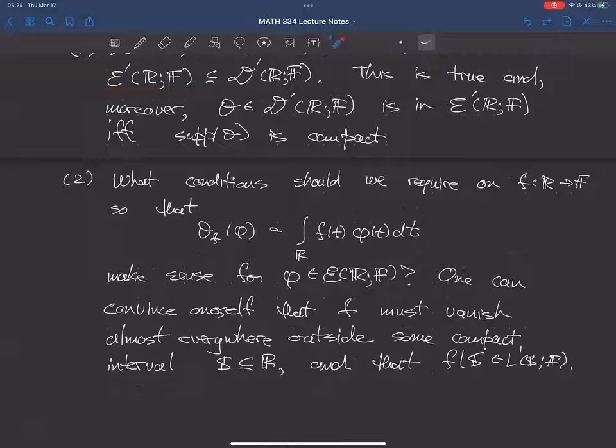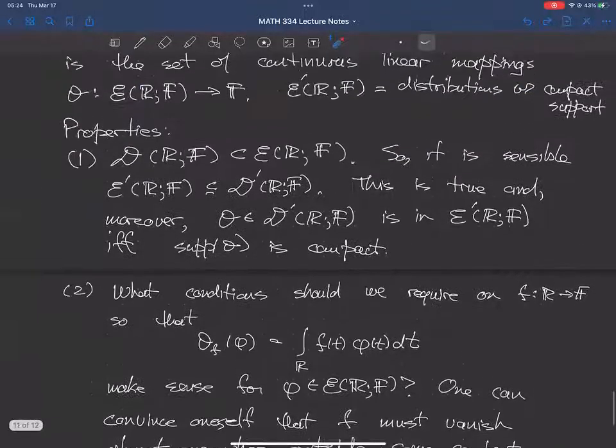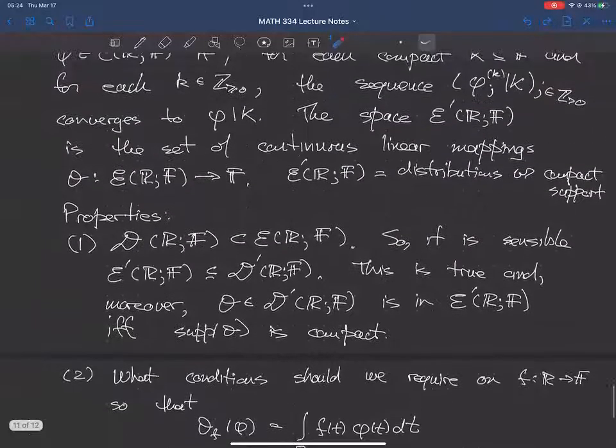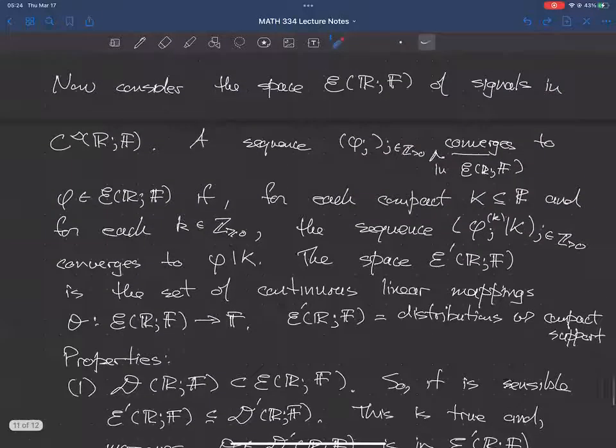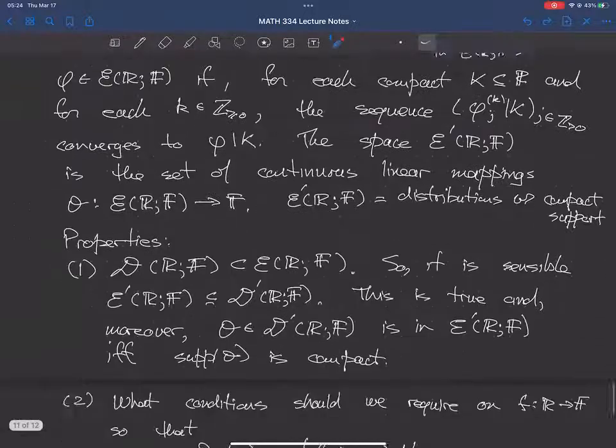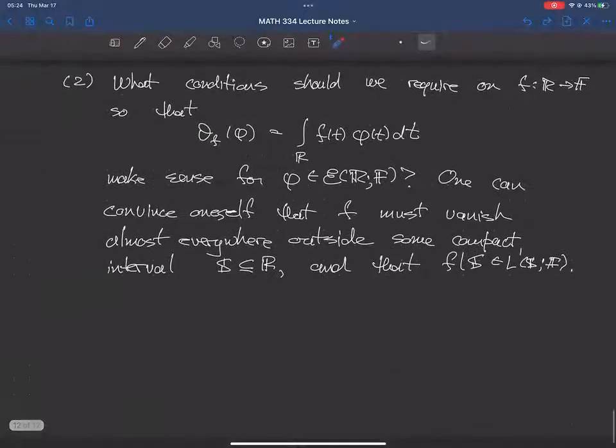And as I said, the notion of convergence in E prime that you use is weak convergence. That makes me think I said something wrong when I talked about convergence above. I think I talked about weak convergence there, and I didn't mean to, or maybe I did it incorrectly.